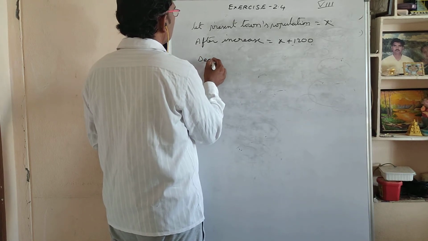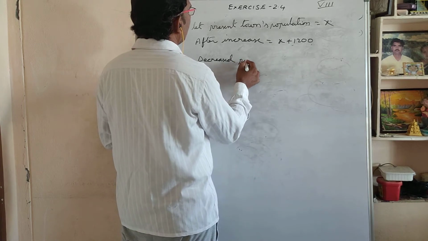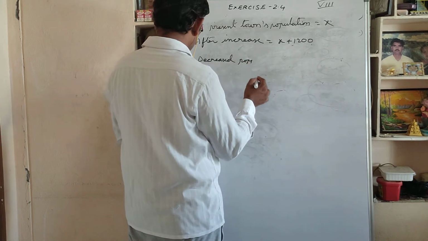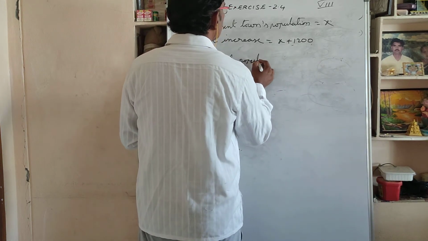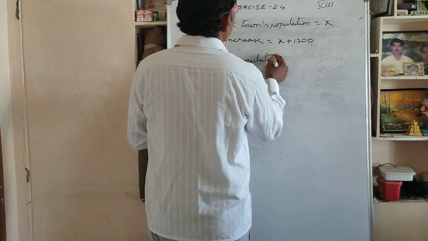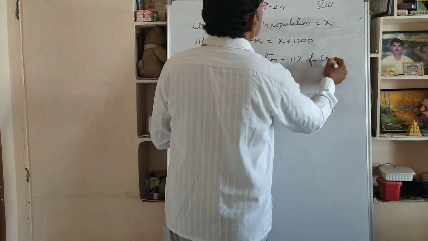Decreased population is 11% of x plus 1200.